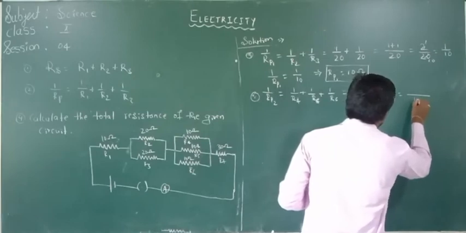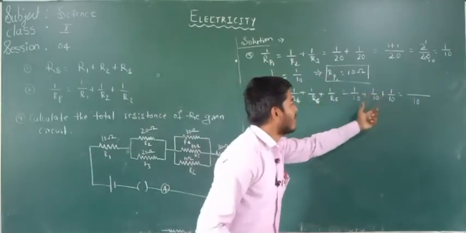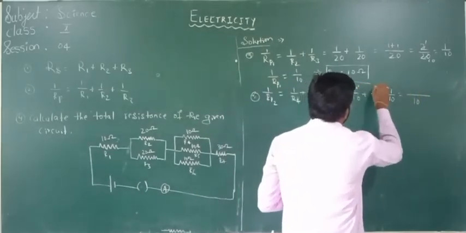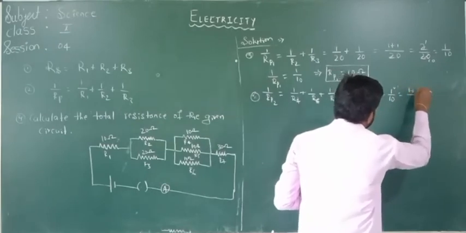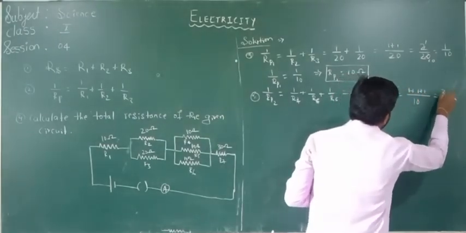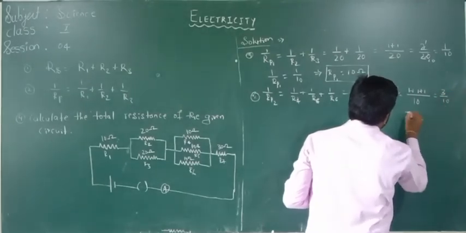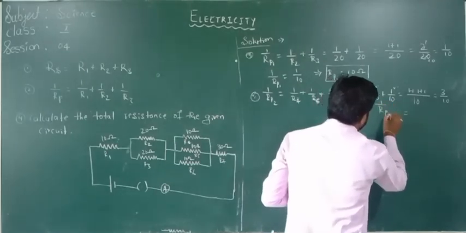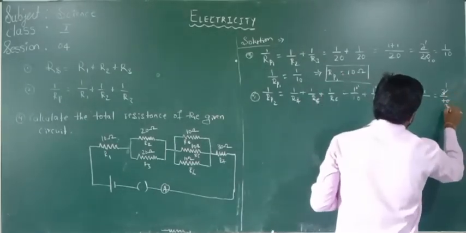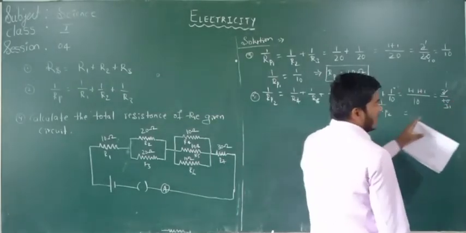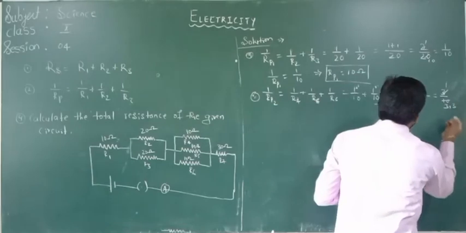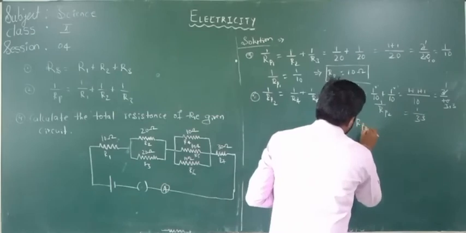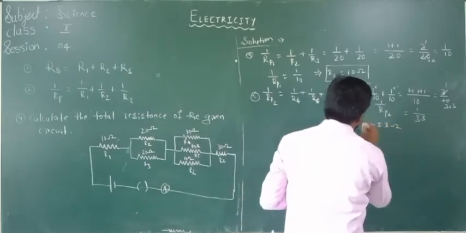Here the LCM is 10. We are multiplying only 1, because in the base we get only 10. So 1 plus 1 plus 1, that is equal to 3 divided by 10. 1 divided by RP2 is equal to 3 divided by 10, that is RP2 is equal to 3.3 ohms.